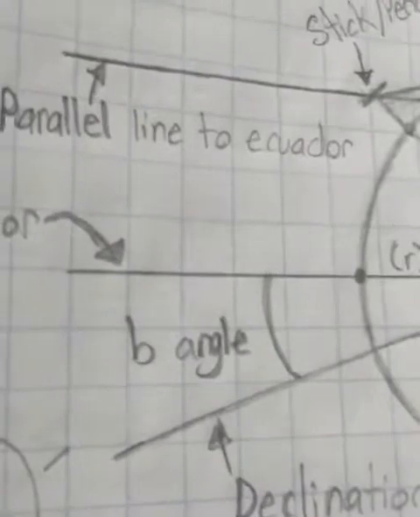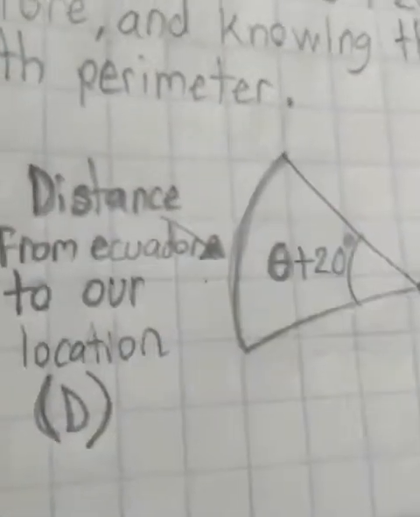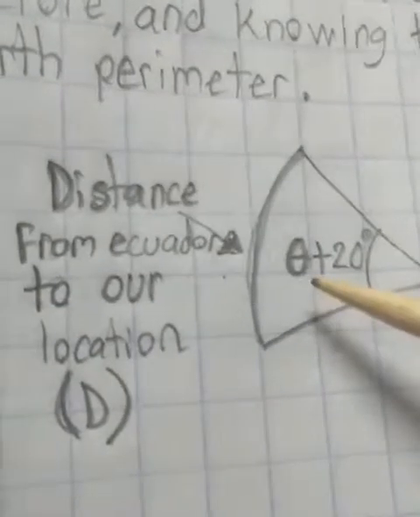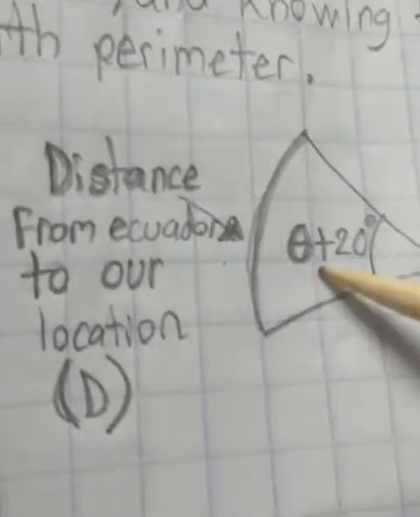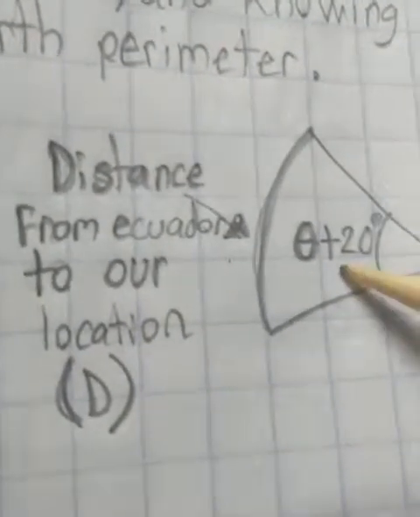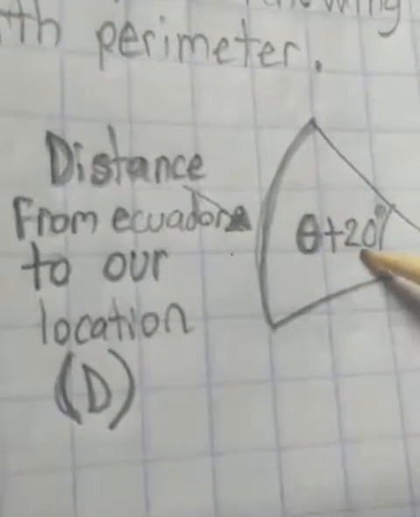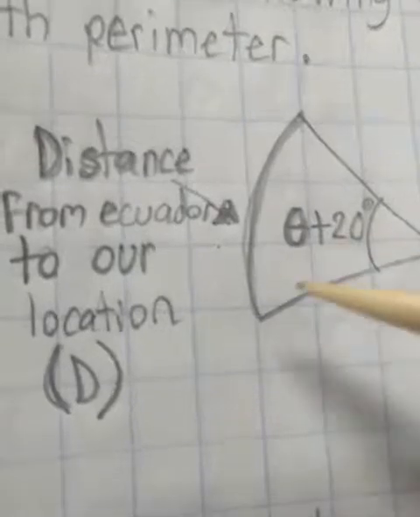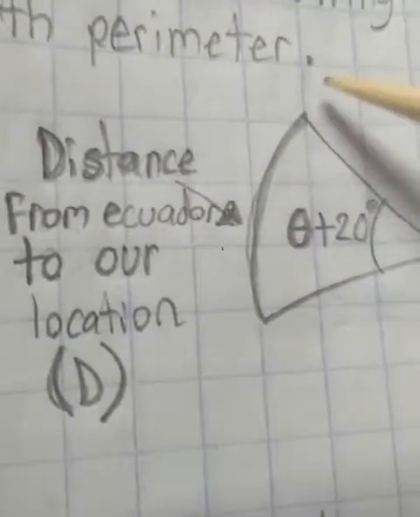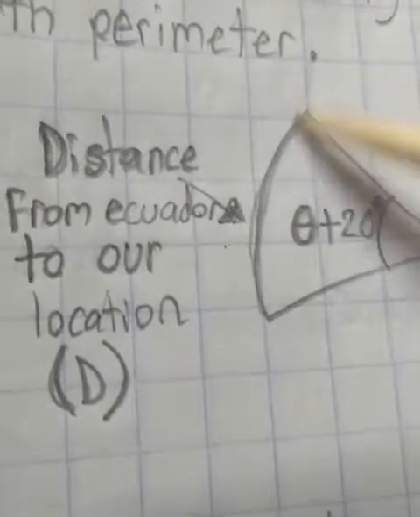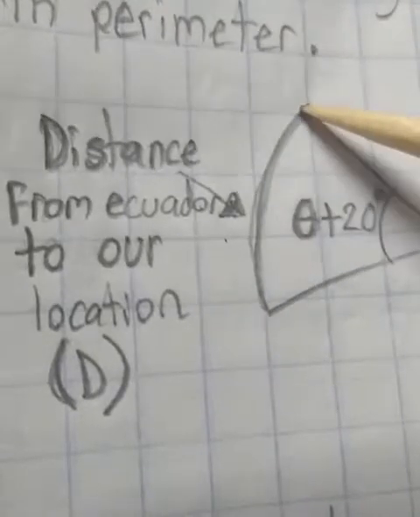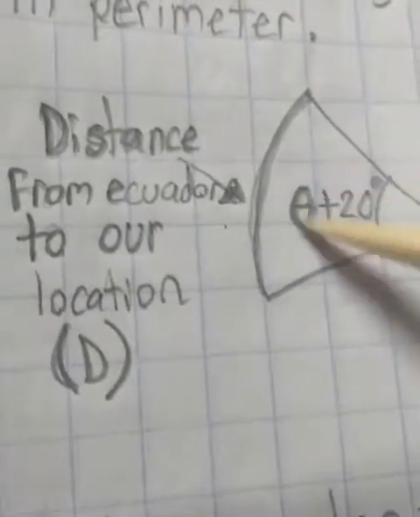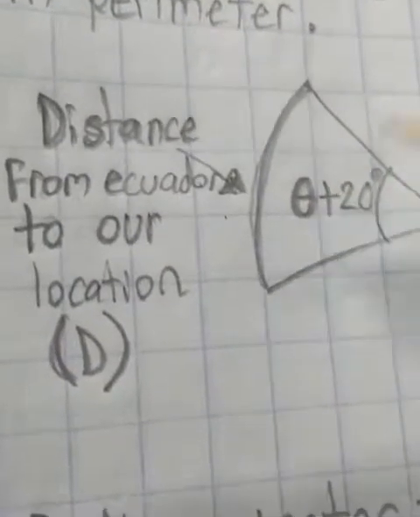And now, once we know the distance, and we also add the theta alpha angle to the declination of the sun, which is 20 degrees angle, we need to consider that this one is the distance between our position and the equator, and this is the angle, the current angle we need to calculate.